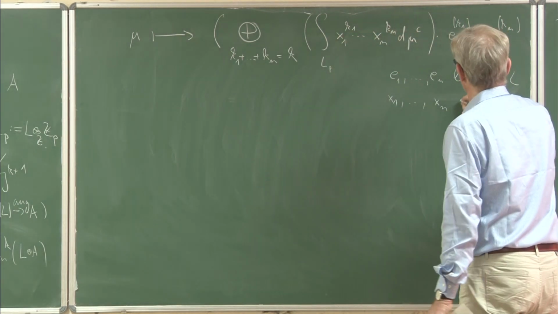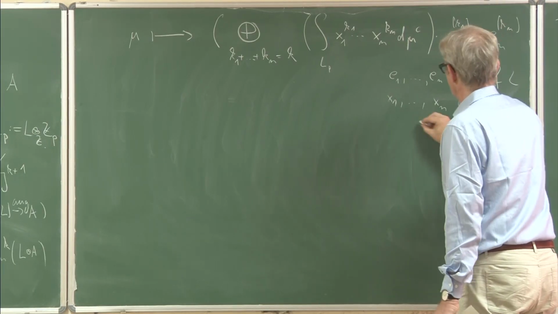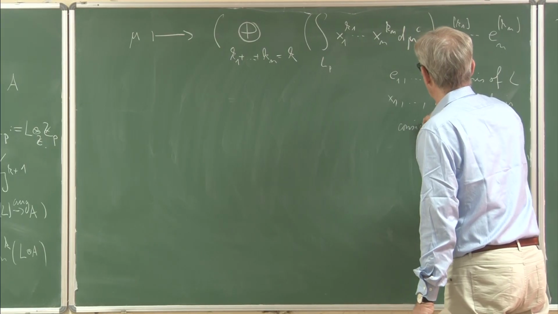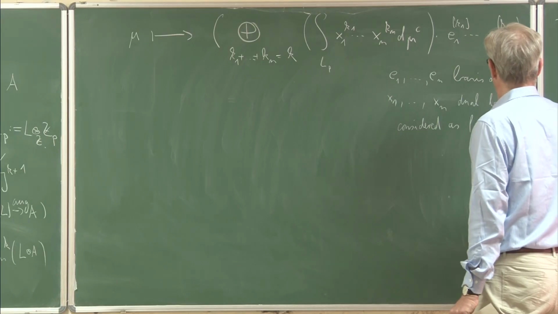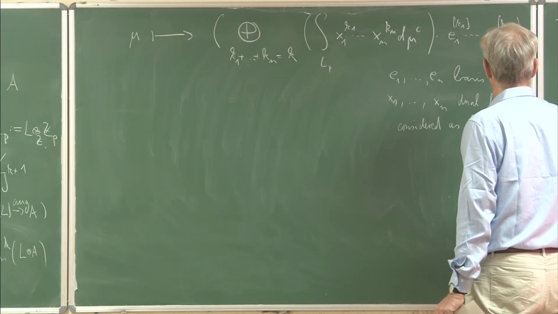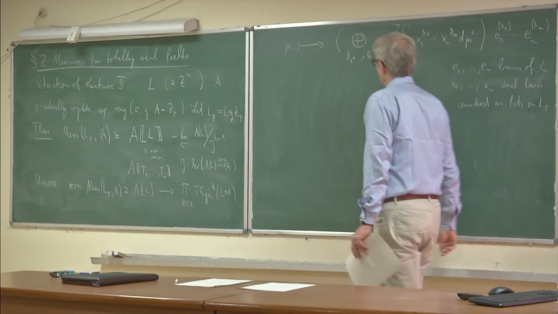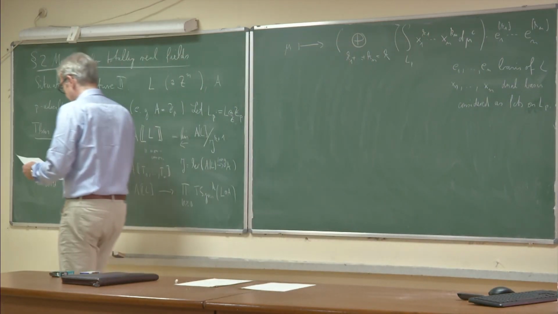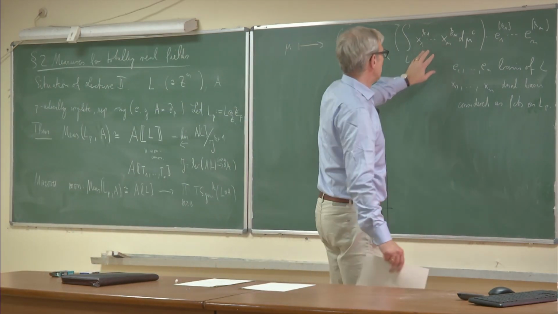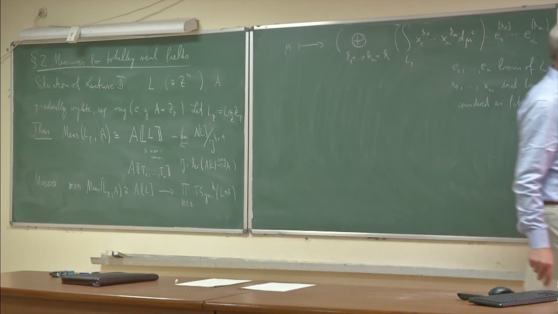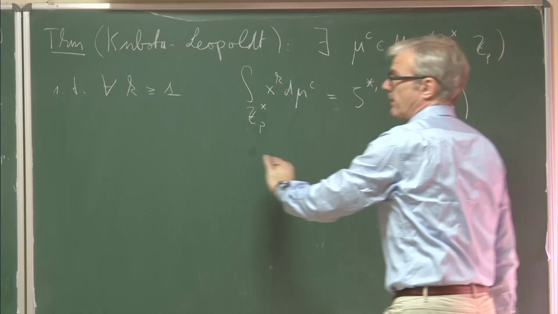This is the dual basis, considered as functions on L_p. Okay, and these expressions are called the moments of the measure. Yeah, this is exactly what occurs here in the one variable case. So these are the moments of the measure.